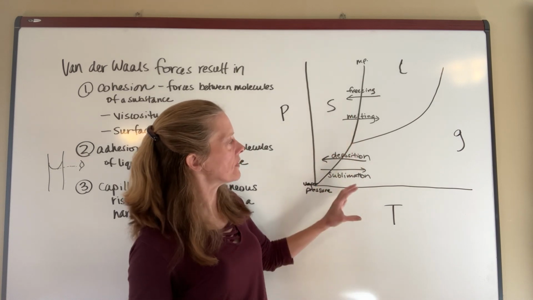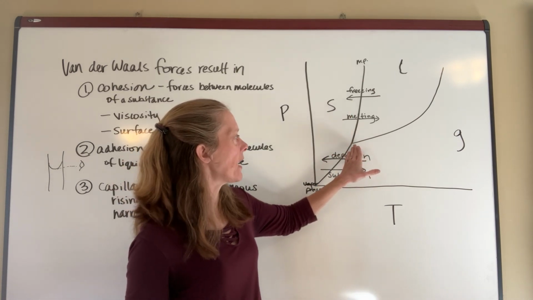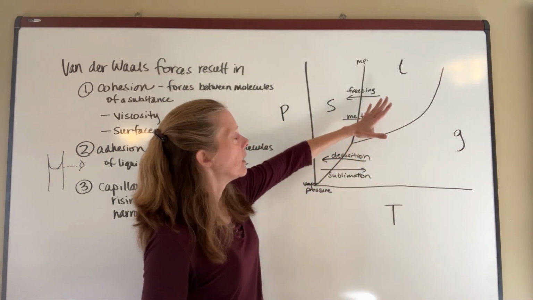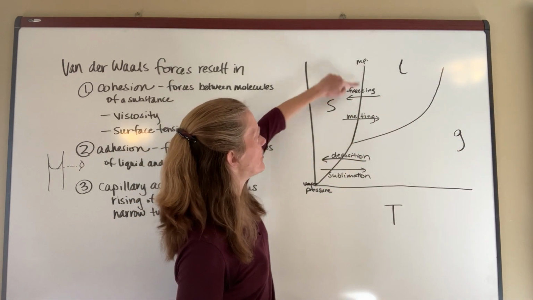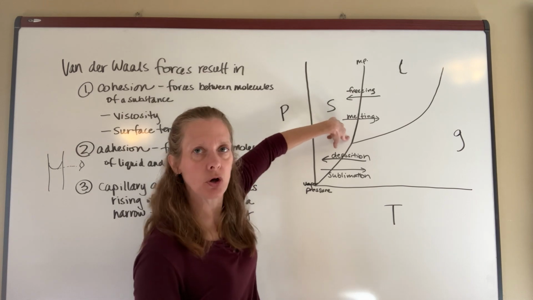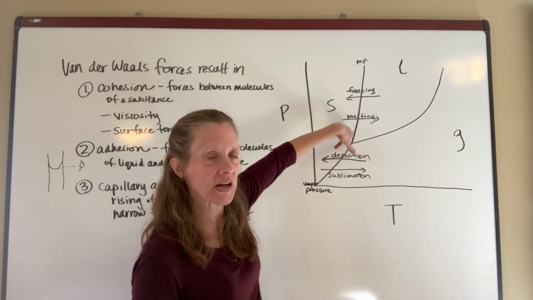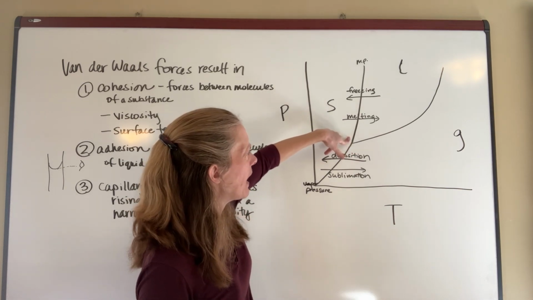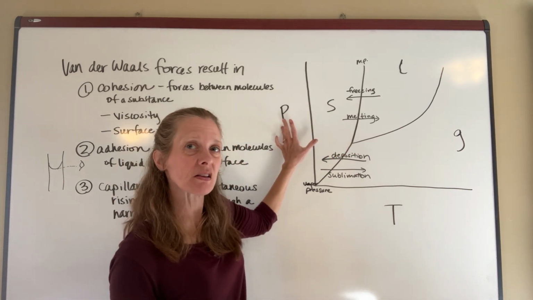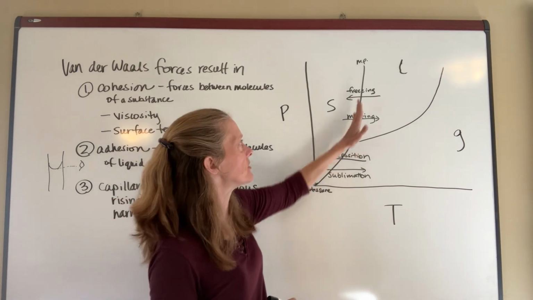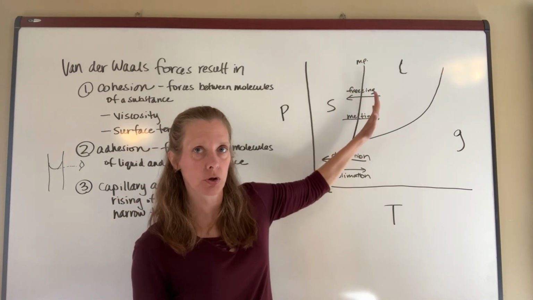Now, I've got one section of line that I've not talked about, and that's from here to here. One other thing, you'll notice that this line is relatively vertical, and it's going to be that way on almost all of your phase diagrams because pressure does not greatly affect the melting temperature of a substance. Okay, so that's why this is going to be almost all vertical.